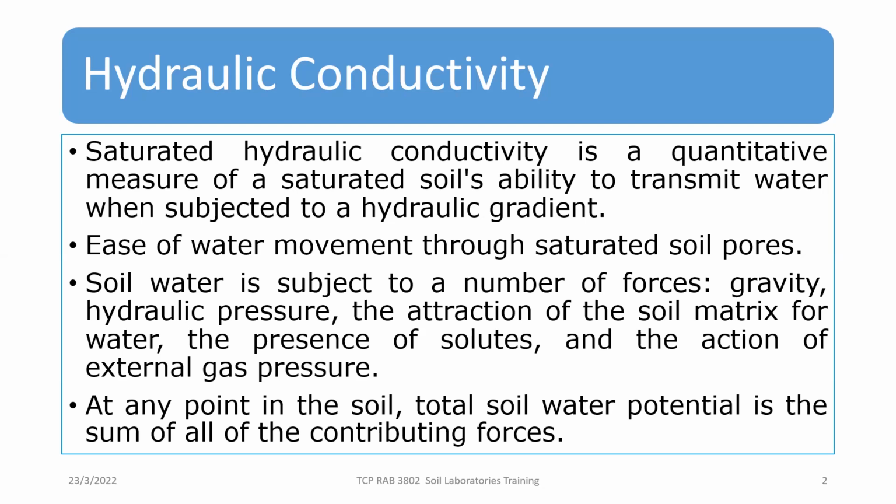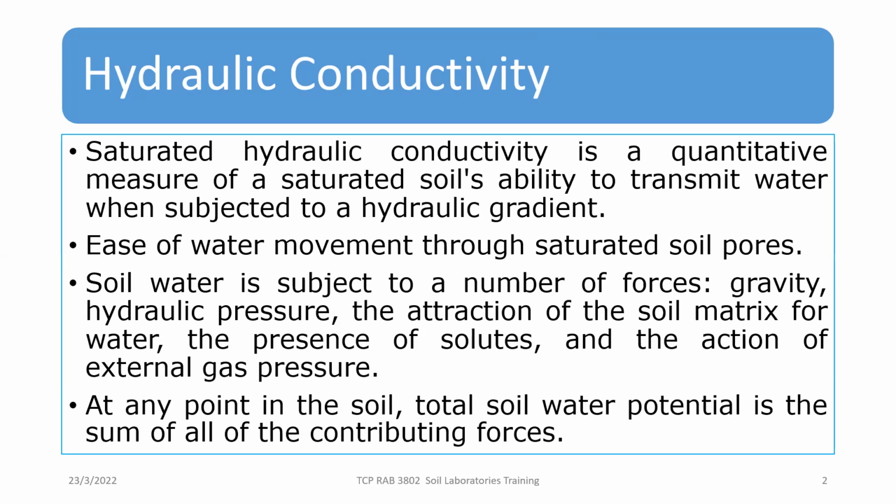So it is a measurement of the easiness of water movement through the saturated soil pores. And of course, this is to some extent related to the soil particle density, soil bulk density and texture.